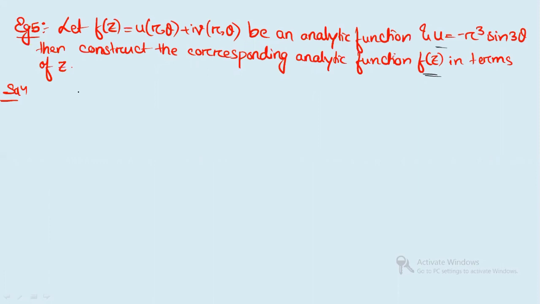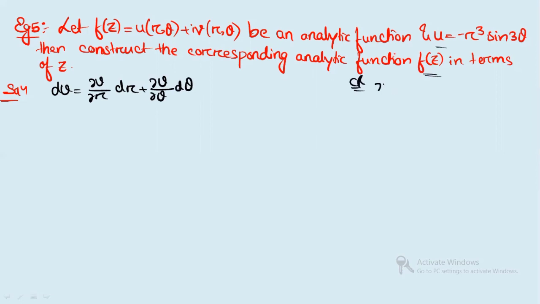We will write dv, it is equal to what? It will be equal to del v del r dr, plus again you will have del v del theta d theta, right? Because here v is a function of r and theta.